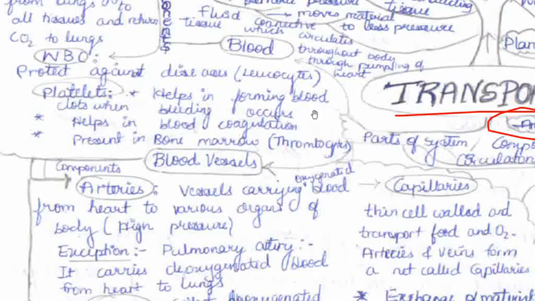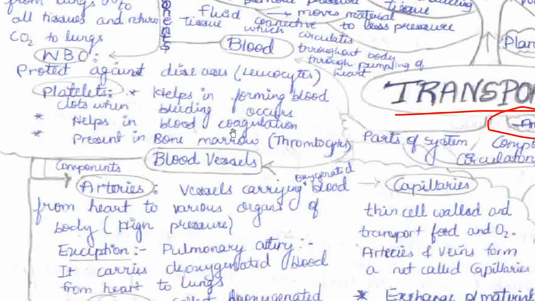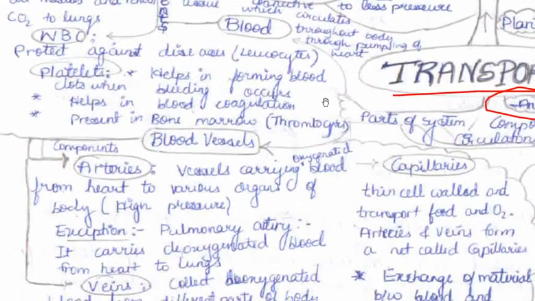The cells will rupture, and a clot forms there. After a few days, we may observe a black colored part. This is called a clot. How does it form? It is formed by platelets.